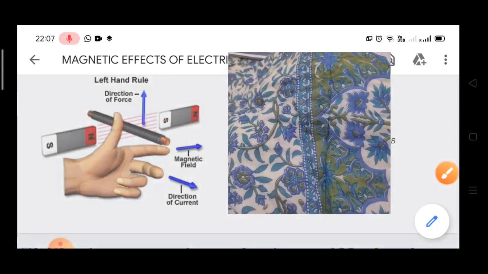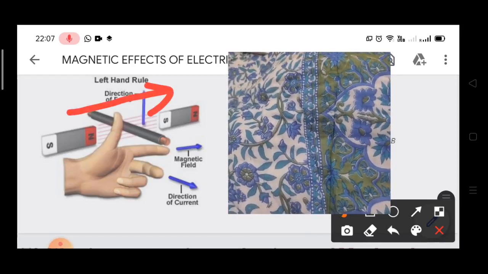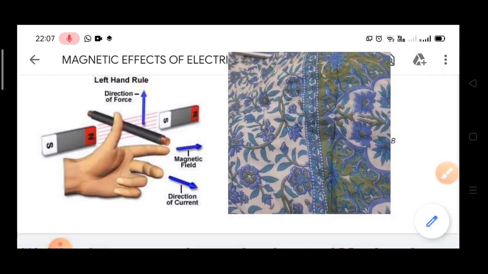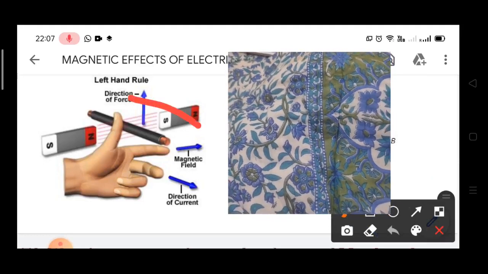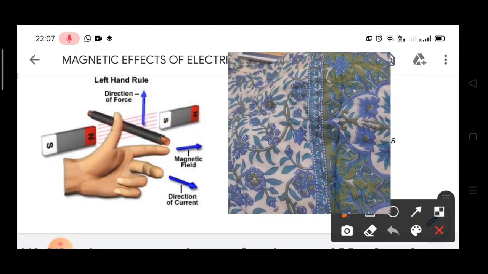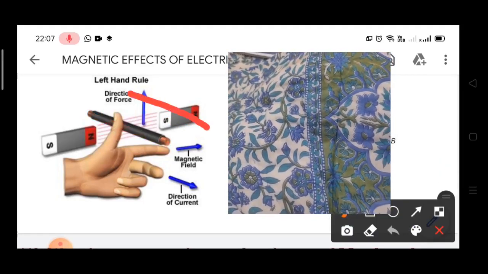So the direction of magnetic field will be north to south. Now, this is the conductor. You can see this is a rod, a metal rod or conductor, and the direction of current is from here to here.